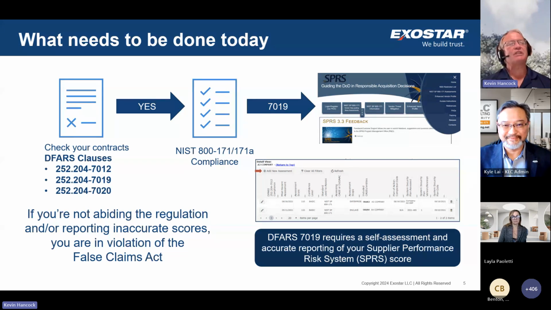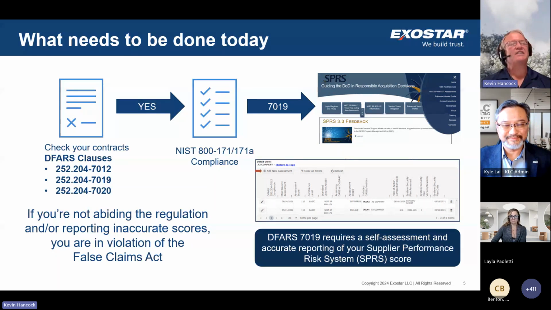And in that assessment guide, you'll find a scoring algorithm that shows you how to score yourself on each of those different controls. There are 110 controls in NIST 800-171. Whether or not you've implemented them, you need to score yourself based on that scale.